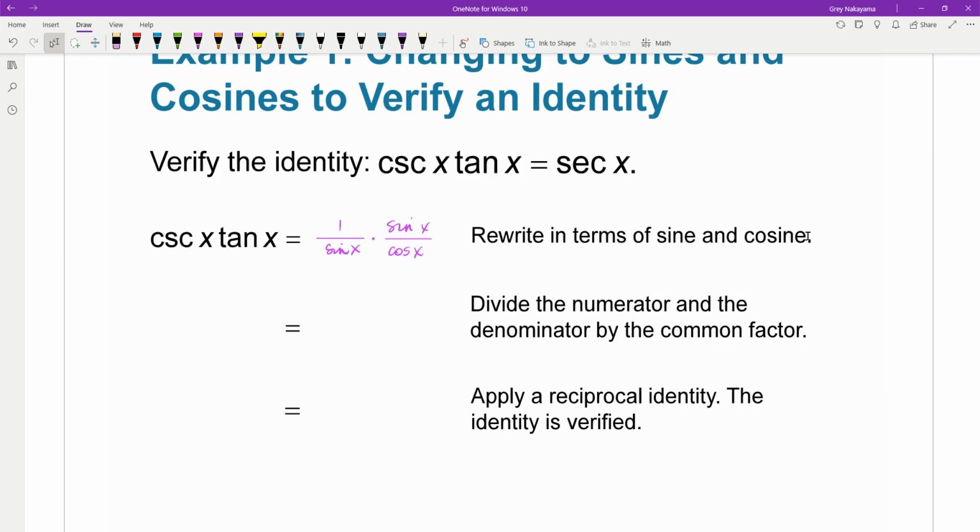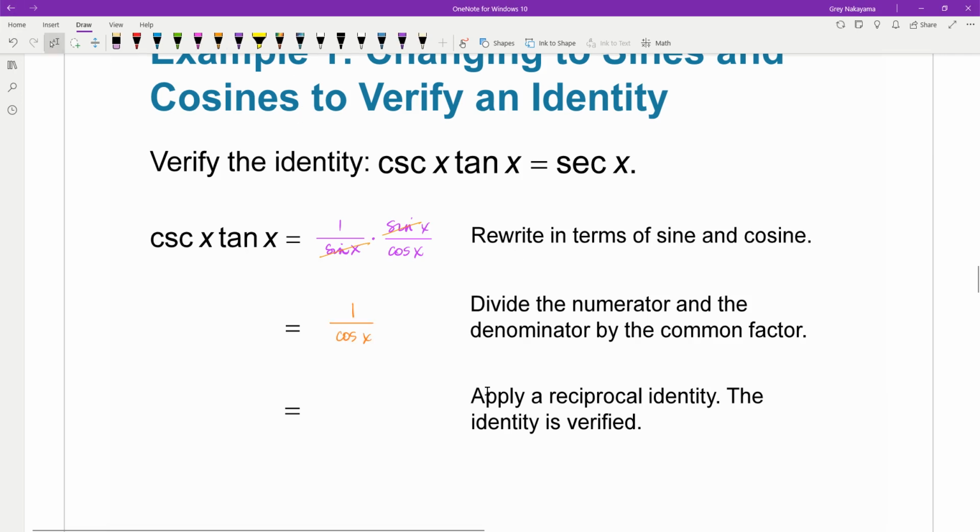Okay, the next step, divide the numerator and the denominator by the common factor. So what is my common factor here? Well, I clearly have a sine on the top and the bottom. Cancel out my sine on the top and bottom. That leaves me with 1 over cosine.